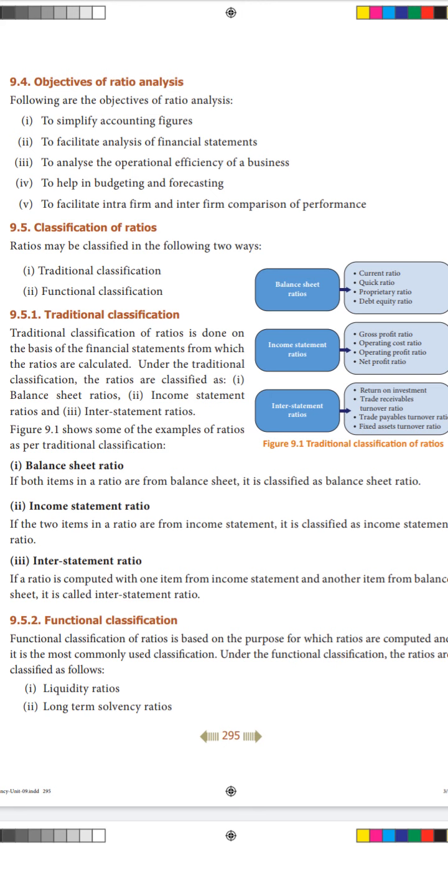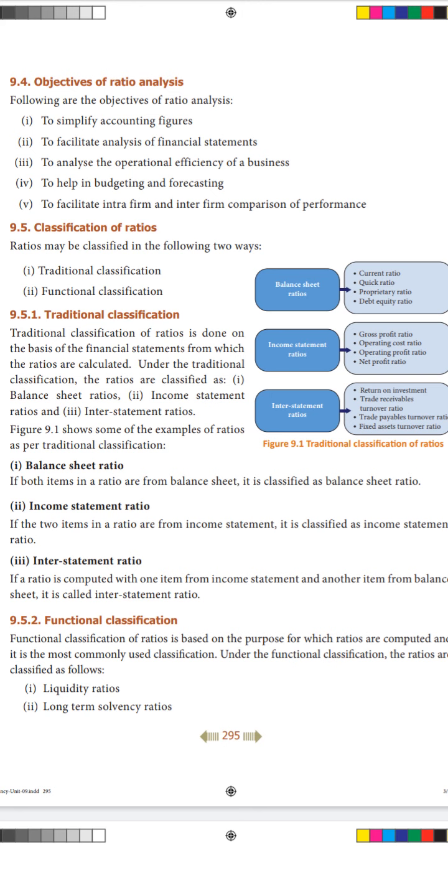Traditional classification is where the financial statements are analyzed, from which the ratios are calculated. So we must know what a financial statement is. A financial statement is where the manufacturing account, income statement, and balance sheet are involved.